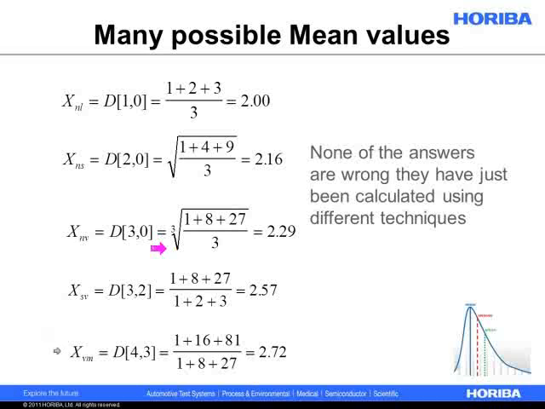Instead, the number that the 950 shows by default is the volume-based mean, or the D43, down here at the bottom of the slide. And on the slide, you see 5 different ways, and there are many more than this, trust me, but this slide has 5 different ways of calculating a mean value. And none of them are wrong. They've all just been calculated using different techniques.